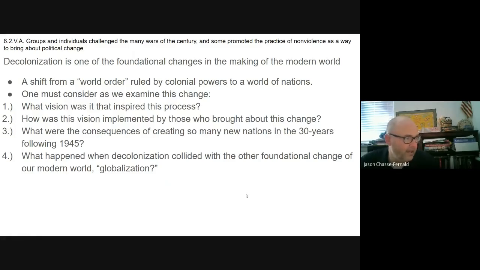Okay, and of course, what happens when decolonization collides with other foundational change in the modern world? Things like the Cold War or globalization. If there are three primary movements that take place in the second half of the 20th century, the Cold War, globalization, decolonization, I'm going to guess that most of you have heard of the Cold War and globalization, right? Why haven't you heard of decolonization?